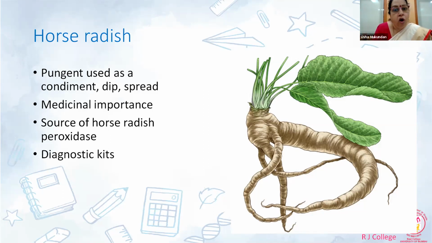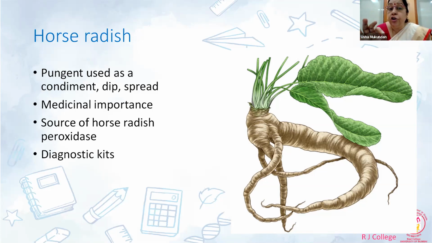But this is known as horseradish because the roots are much bigger and they contain more fibers. Abroad, they make a dip, the way you have a mustard sauce. Similarly, they also have a horseradish dip, which is very pungent.